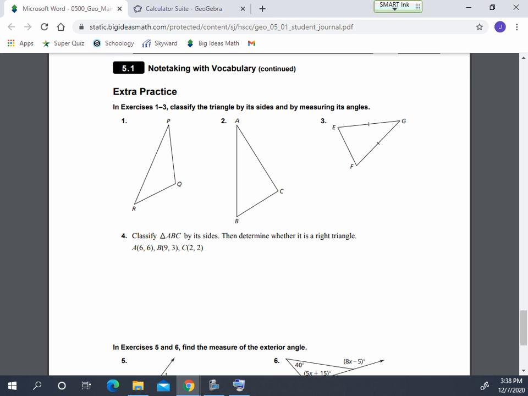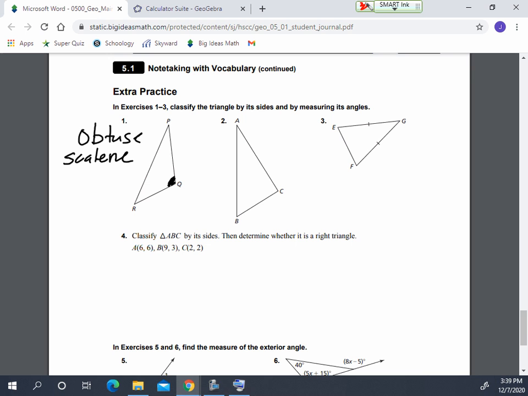In exercises 1 through 3, we have to classify the triangle by its sides and by measuring its angles. First one, PQR, this angle here looks to be bigger than 90 degrees, so it's obtuse. And it doesn't give us that any sides are equal, so it is an obtuse scalene triangle.